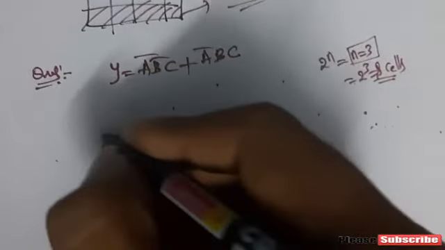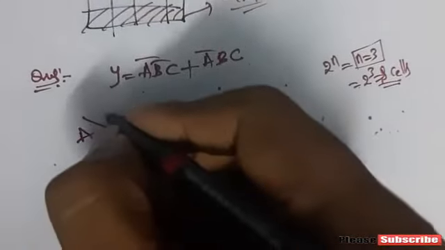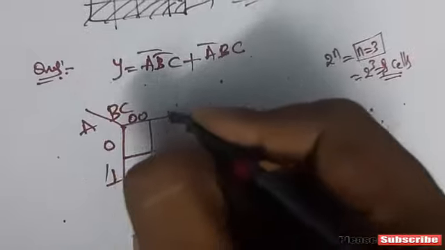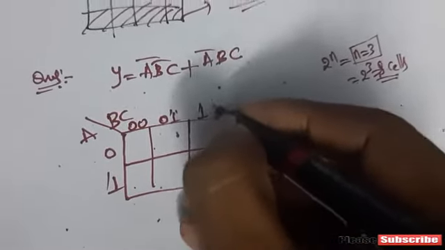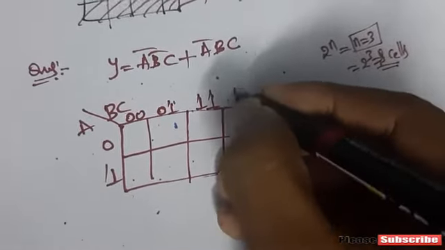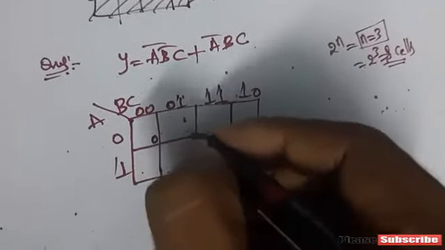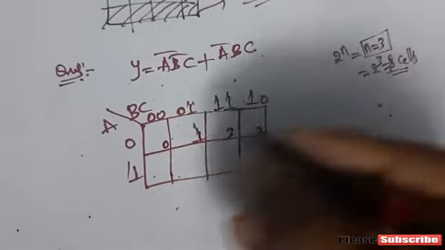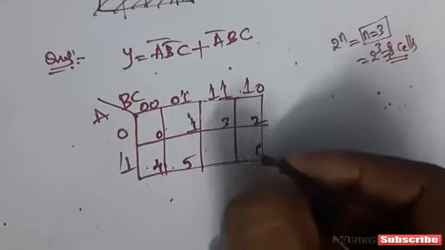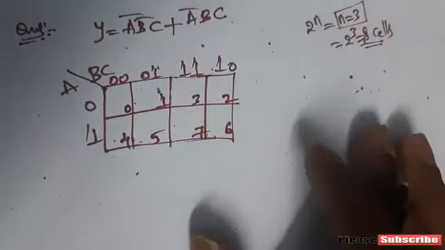This will be A, this will be BC: 0 0, 0 1, 1 1, 1 0, and cells 0, 1, 2, 3, 4, 5, 6, 7.